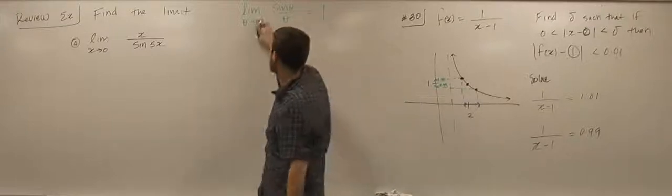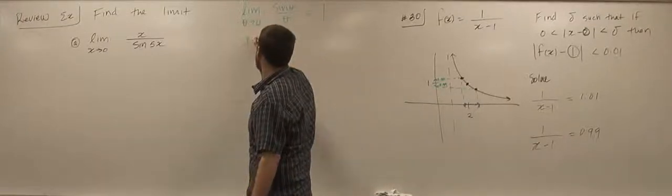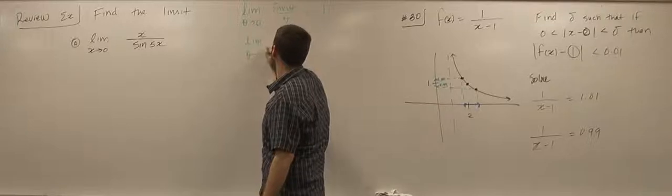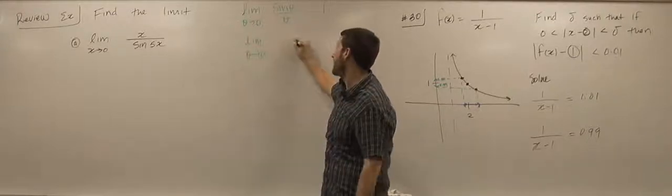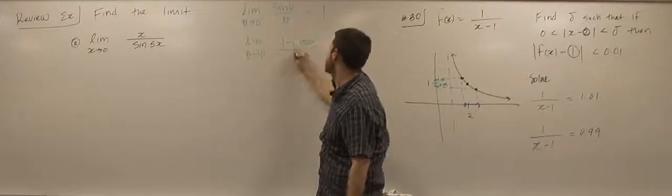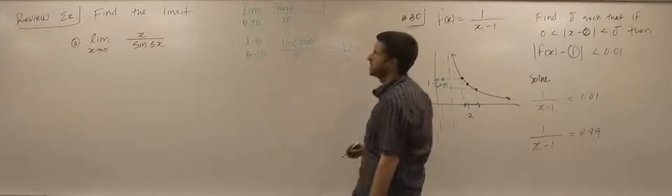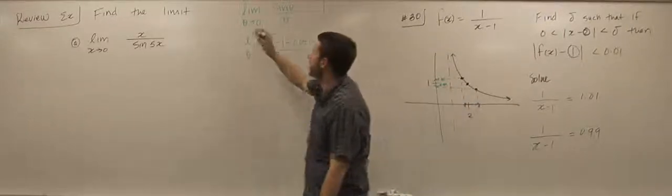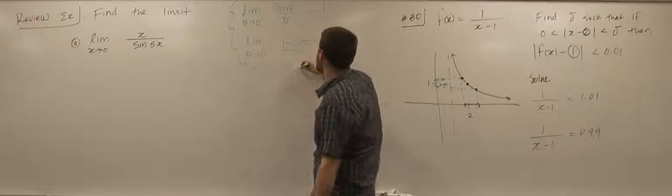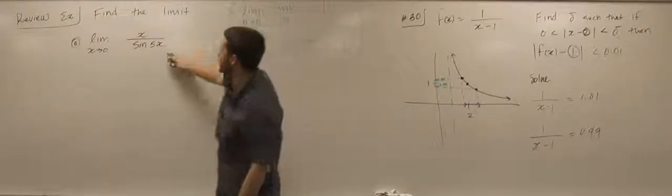And then there's a cosine limit as well: the limit as theta goes to 0 of 1 minus cos theta, over theta, is 0. These are your go-to guys for limits of this form.